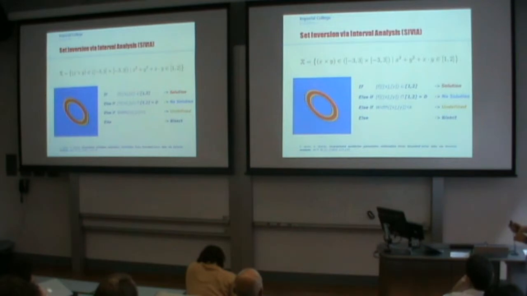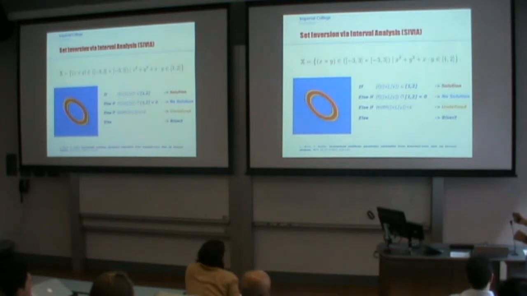The SIVIA algorithm evaluates this function using intervals and tests this inclusion. If the evaluation is inside the interval [1, 2], then it's a solution, that is the red area. If the intersection is empty, then it's no solution, it's the blue area. And if we cannot prove either, then it's undefined.